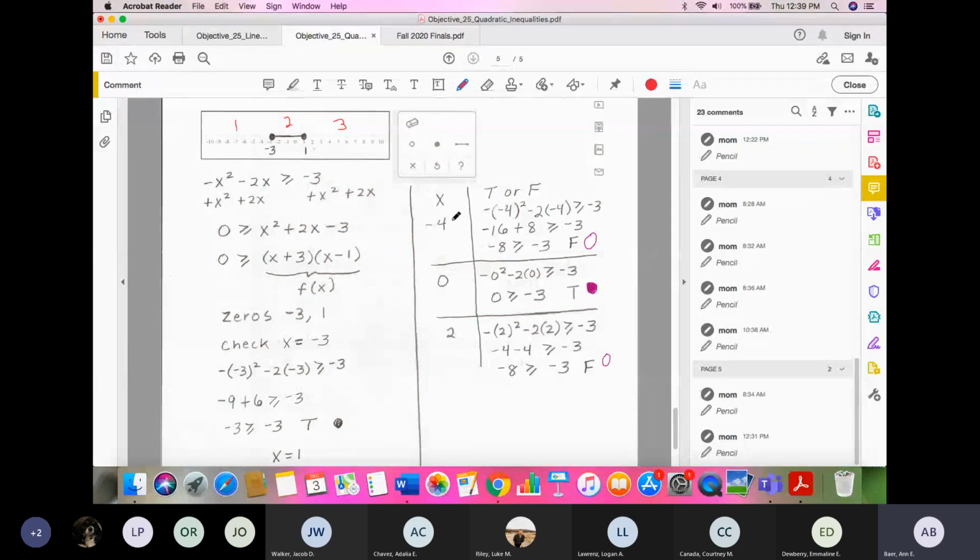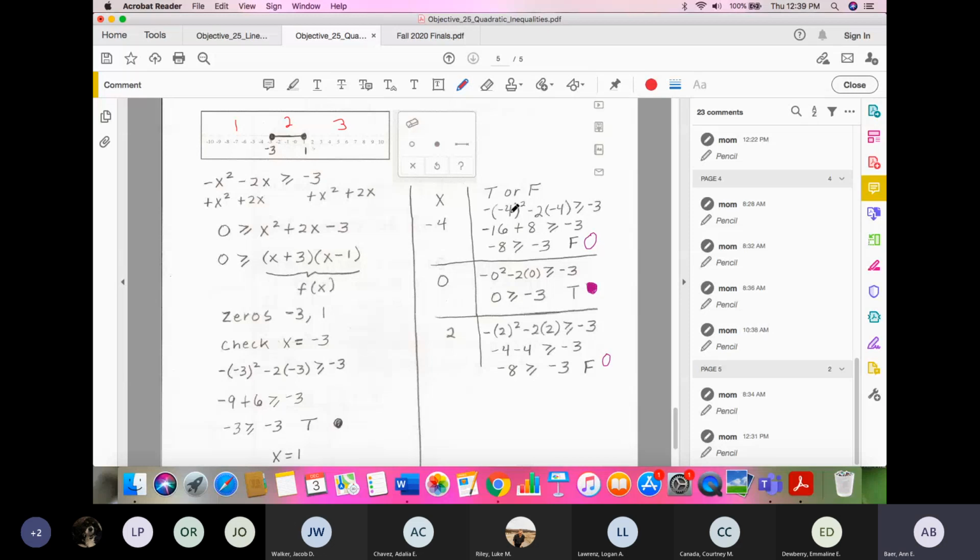We've got negative first, and then we put this negative 4 in for x, put parentheses around it, and square it. Minus 2 times x, our x, we're testing negative 4, greater than or equal to negative 3.